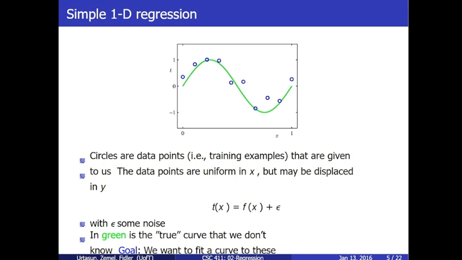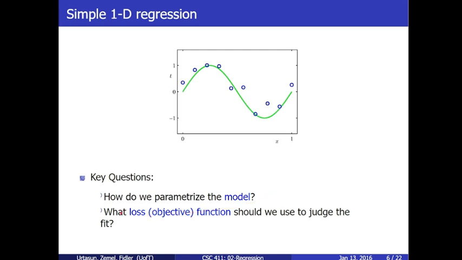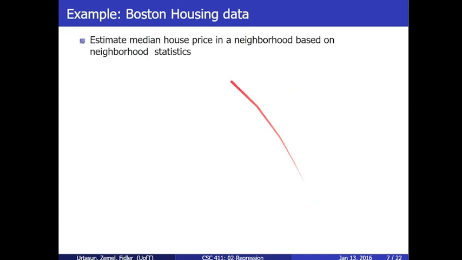It's the same thing here, except it's not linear; it's more of a quadratic, if you will. So how will we parameterize this model? What loss or objective function should we use to judge the fit? And how do we optimize the fit to unseen test data, so generalization?